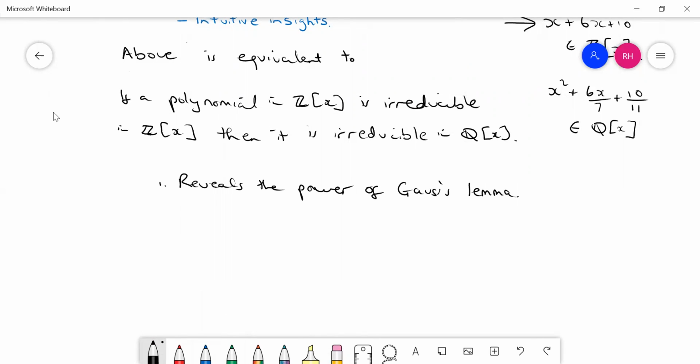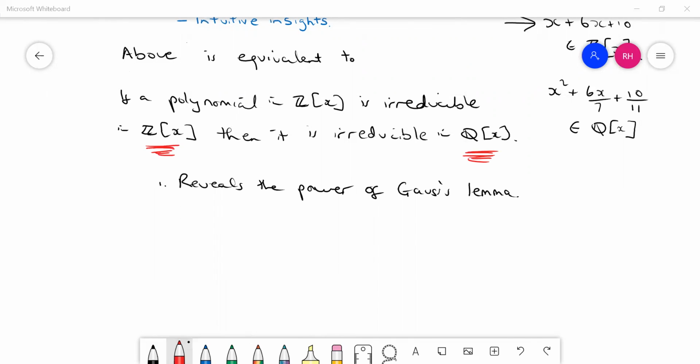Well, this is saying that if we prove that something's irreducible in ZX, then we get this for free. If you ever have to prove that something's irreducible in QX, then it just suffices to do it in ZX. So that's part of the reason why it's better to turn around.